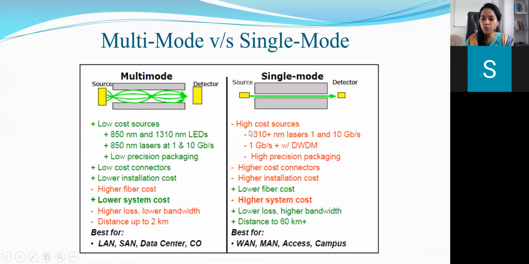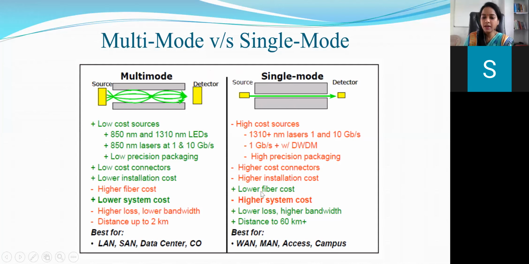Here in single mode, what happens? The cost of connectors is high, therefore the installation cost is high, but the fiber cost is lower. Here the cost of making the fiber is low, because we have only a single mode of fiber. Whenever we construct this type of fiber, it is a simple method to manufacture this type of optical fiber.